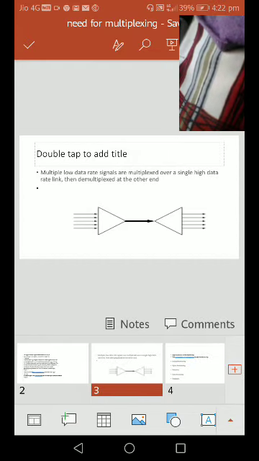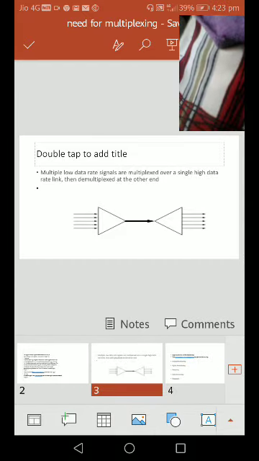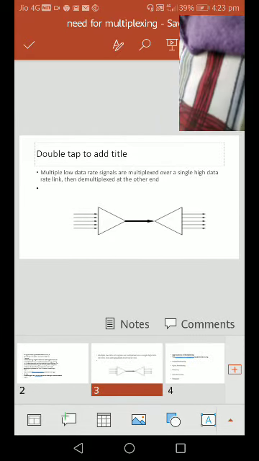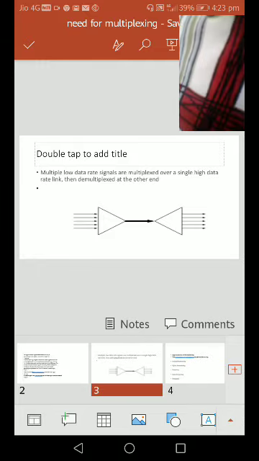Multiple data rate signals are multiplexed over a single high data rate link, with different speeds and radio signals linked, and then demultiplexed at the other end.